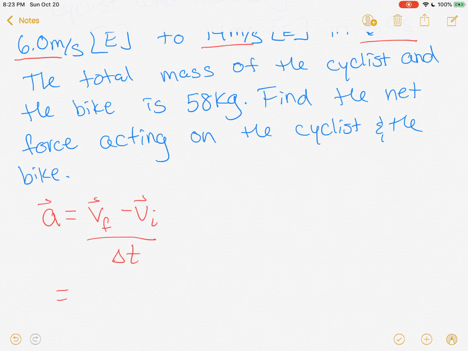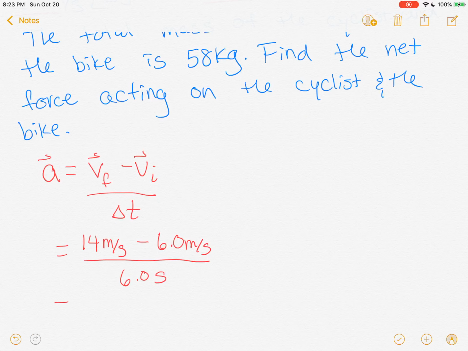Our Vf is 14 meters per second, our Vi was 6 meters per second, and our time was 6 seconds. So overall, we're accelerating at 1.33 meters per second squared, and that's still going to the east because both velocities were going to the east.